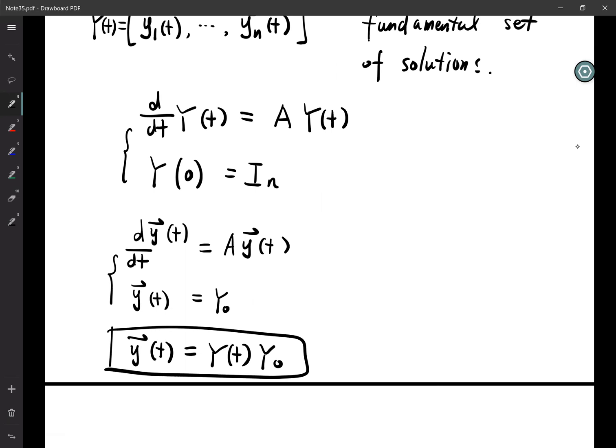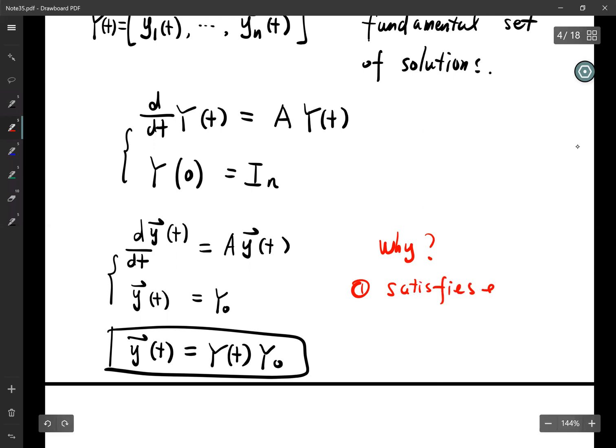Why is this the case? Two reasons. One, plug into the equation, and indeed this satisfies the equation. I take a derivative, this is y prime, this is A times Y(t) times y0, which is A times y, so indeed it satisfies the equation.